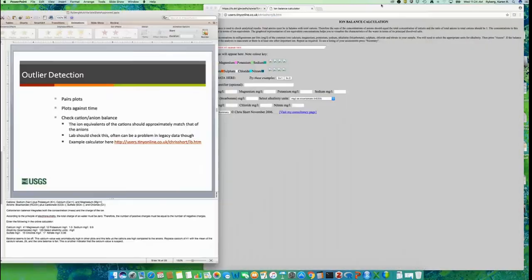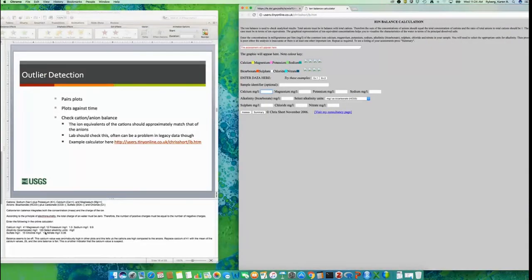This is an online calculator, and I have in my notes some values for the major ions from one particular sample from that data set. And I enter this into the online calculator.